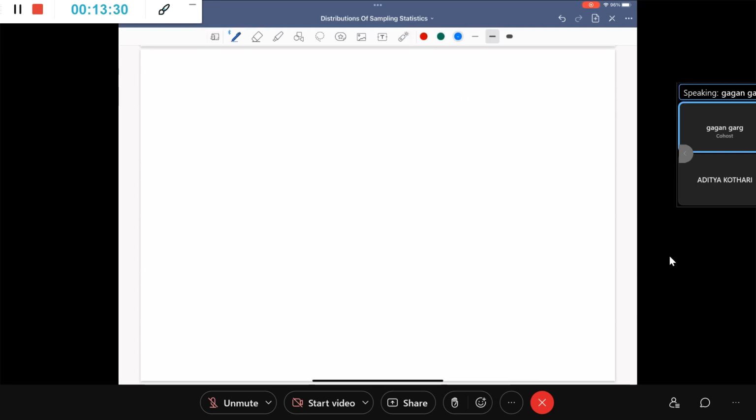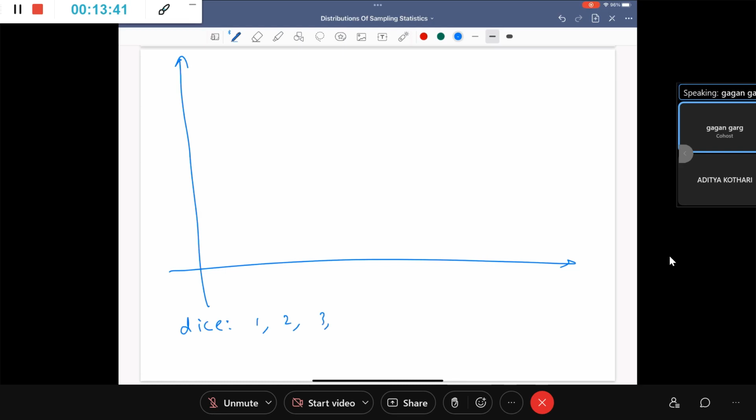Let's say you were to plot. Let's say you throw a dice, and you may get one or two or three or four or five or six. These are possibilities. So this is your value of x. You throw a dice, you look at the output, you define that output to be x, and then you plot the frequency of getting x. You could call it frequency or probability.